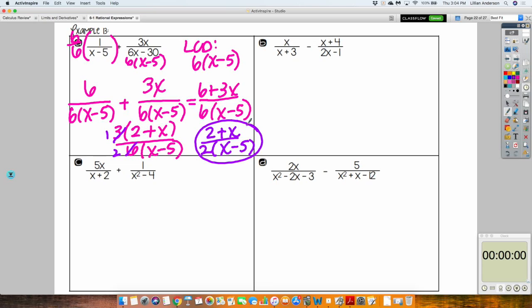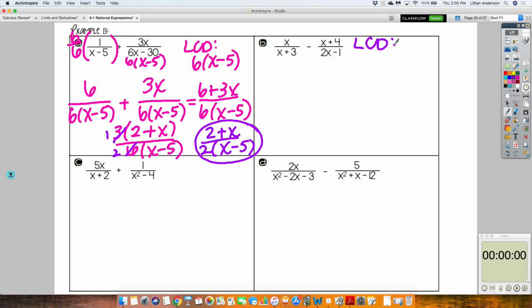Okay. What about b? Can I factor either of those denominators? Nope. So then what's going to be my lowest common denominator? So, what?